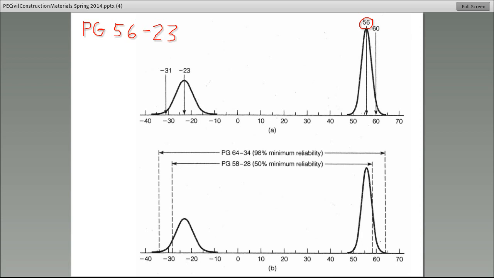That's where we got the minus 23 here. Now, help me. Mary, if you go back to those standard mixes, do you see a mix? Those 2 pages of standard mixes. Is there a PG 56?